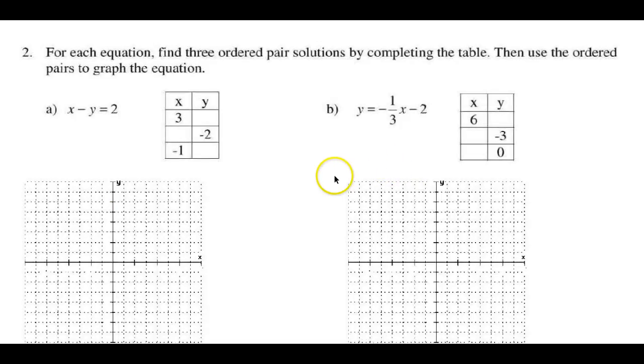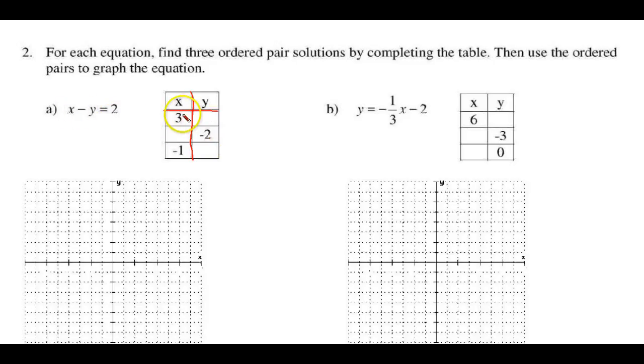As we continue to work on chapter 3, there are a couple of ways to develop data that you can graph, and one of the very common ways is to make a t-chart, which is what we see here. Now there's the equation, and they're giving us some points.